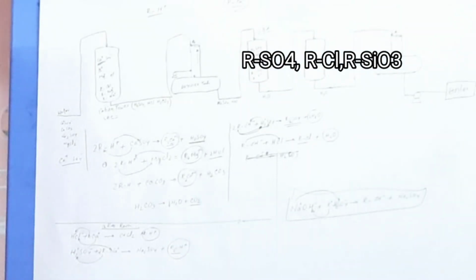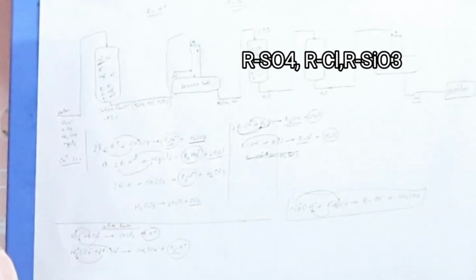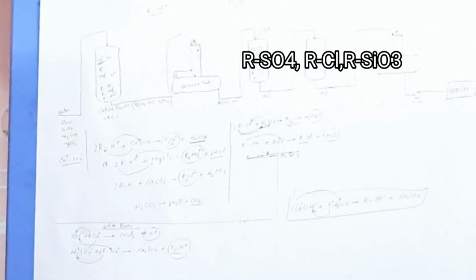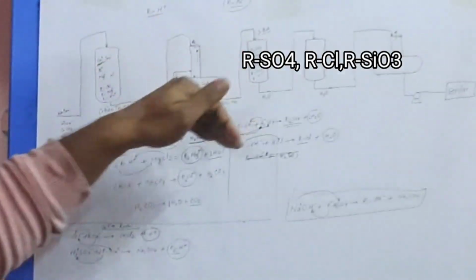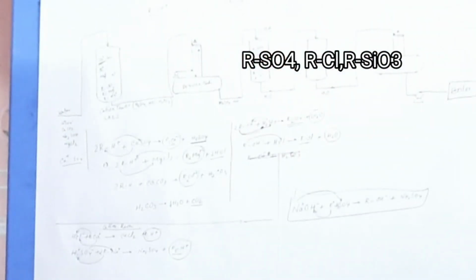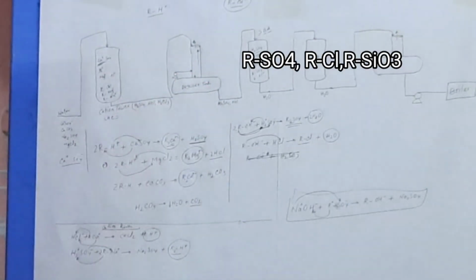After absorbing, this anion resin will be exhausted. After it is exhausted, the anion resin needs to be activated. Otherwise, all impurities will pass with the water and go to the boiler, and the whole system will become abnormal. That's why when the resin is exhausted, we have to do regeneration.